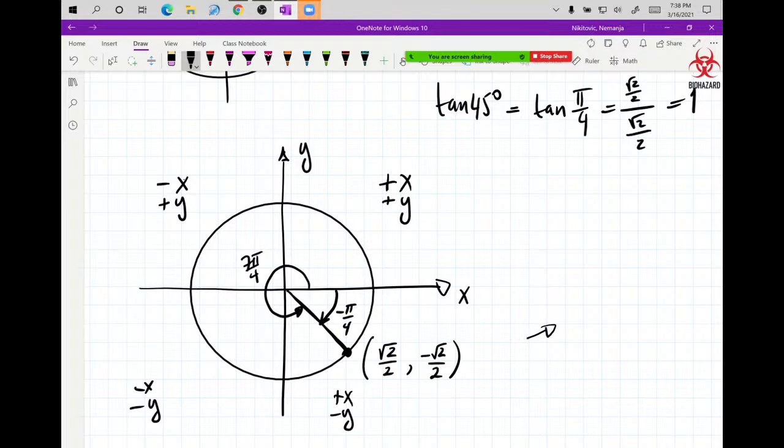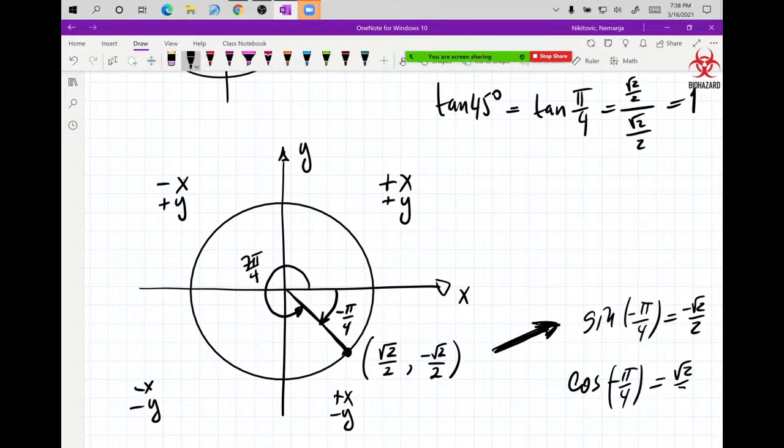And immediately looking at these coordinates, what do I know? I know that my sine of negative pi over 4 is negative root 2 over 2 because it's a y value. And the cosine of negative pi over 4 is positive root 2 over 2 because the x coordinate is positive.